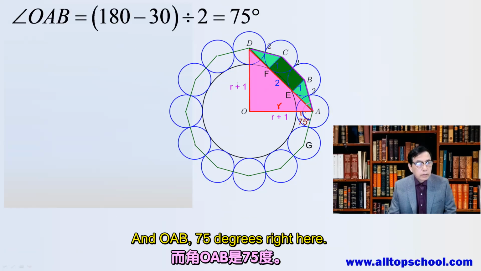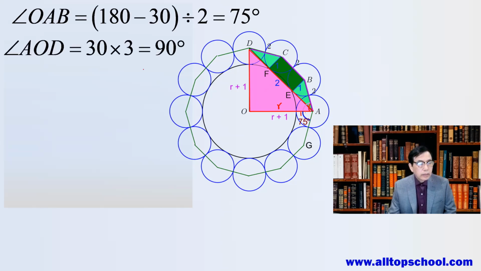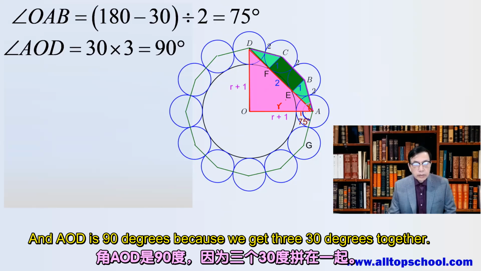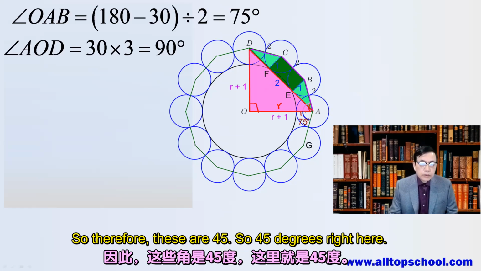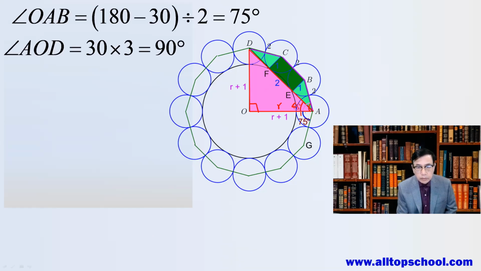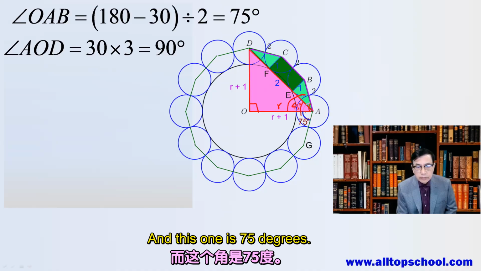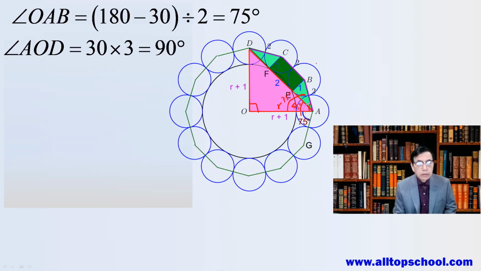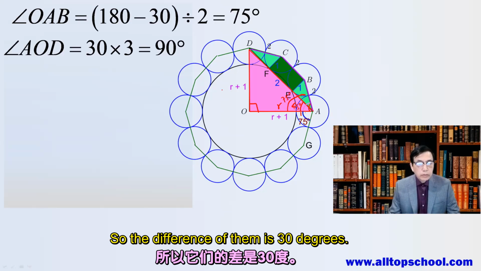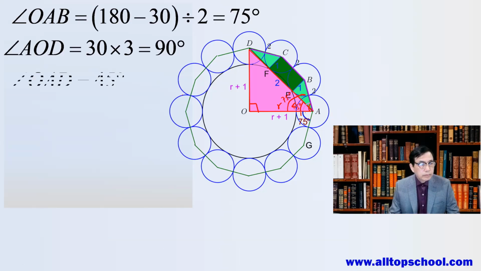And OAB is 75 degrees right here. AOD is 90 degrees because we get 30 degrees together three times. Therefore this angle is 45 degrees, and this one is 75 degrees, so the difference is 30 degrees.